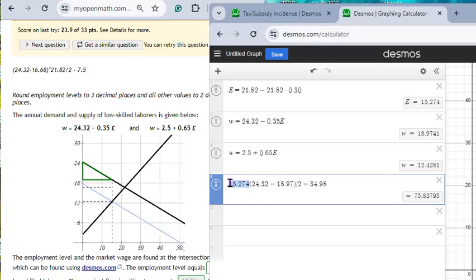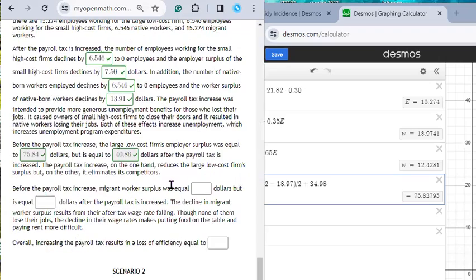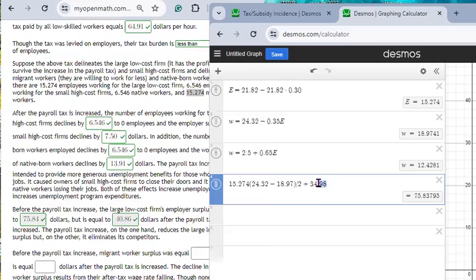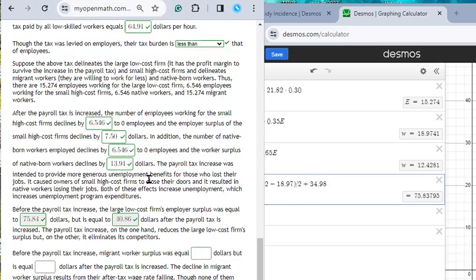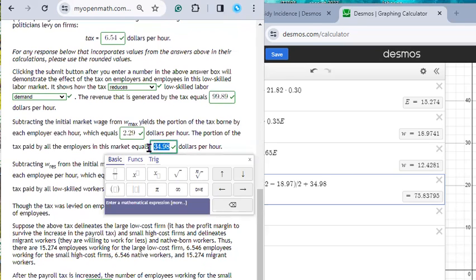And we're multiplying that by the 15.274, right? That's the number of migrant workers that are hired by these large low-cost firms, right? That's the amount that labor decreased by when the tax was put in place, right? And then the 34.98 was the tax burden of the firms, right?